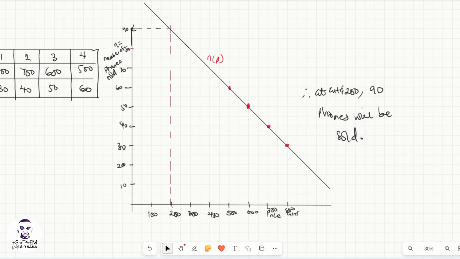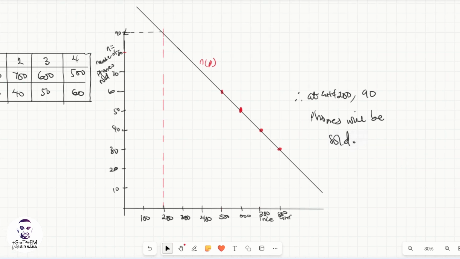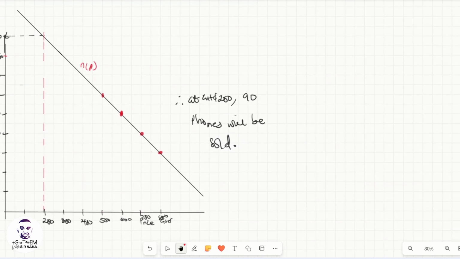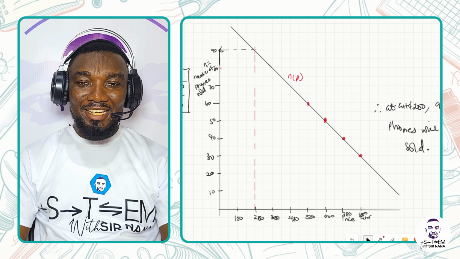With the graphical approach, we draw the graph of the function, and then based on the graph, we are able to determine the number of phones that will be sold when the price of the good is reduced to 200 Ghana cedi.